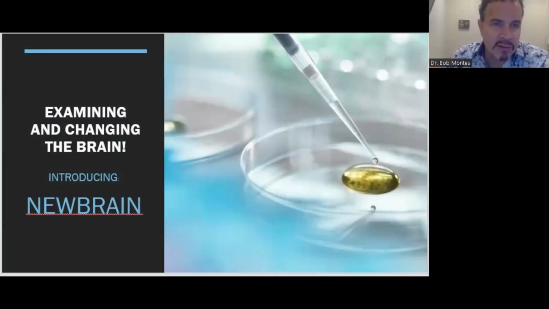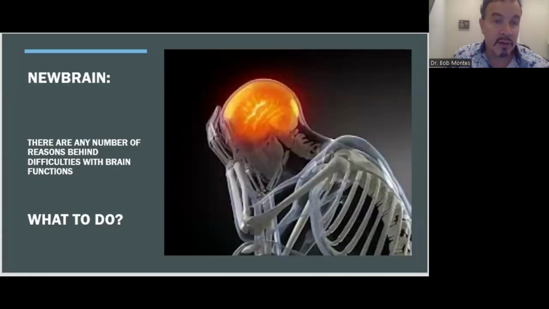What I'll do is show you what we do when we're conducting a brain map and what sort of brain waves we're measuring, and then I'll take you through the process of what we do to actually change and heal the brain. Now at NewBrain, we know that there are a number of reasons behind difficulties with brain functions.